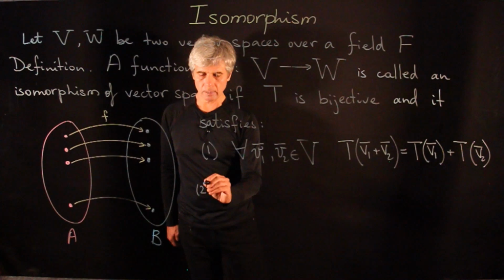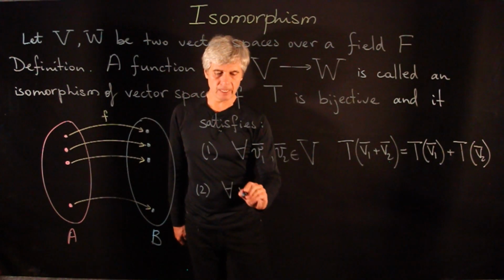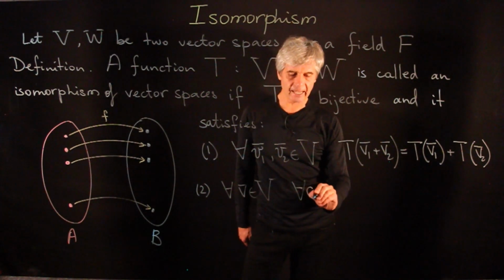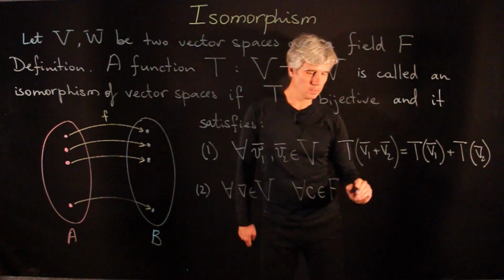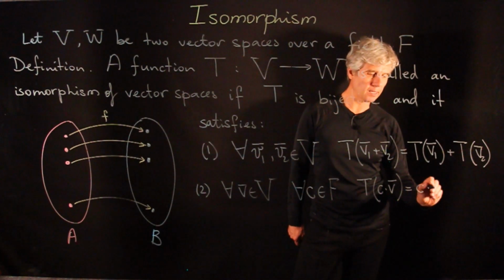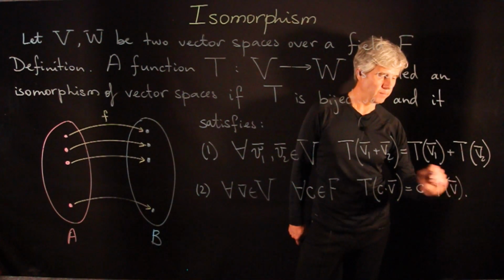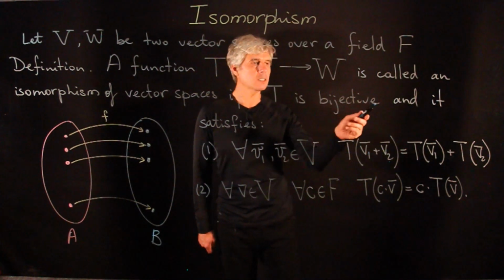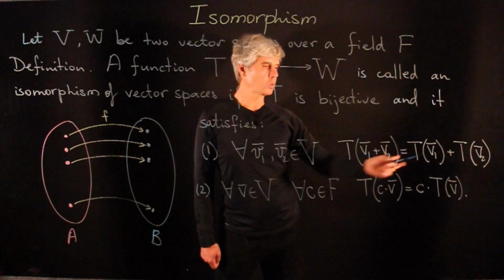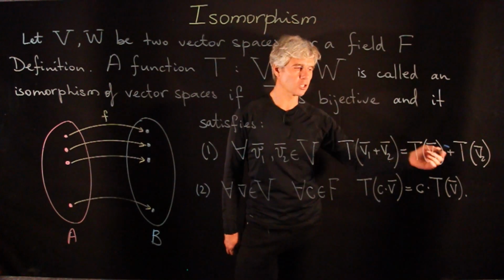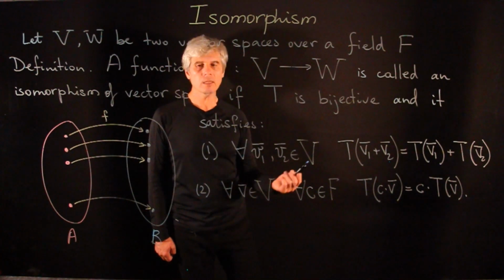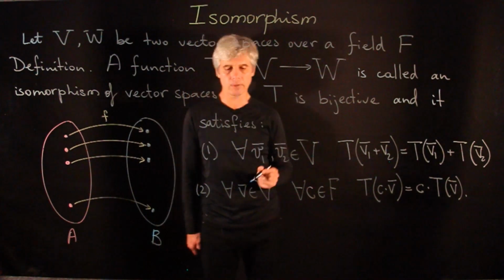And the second property, for every v in vector space V, and for every scalar c in the field F, T of c times v is equal to c times T of v. So if we have a bijective function between two vector spaces that satisfies these two relations, so basically these relations say that this function is compatible with the vector space structure, then such a function is called an isomorphism.